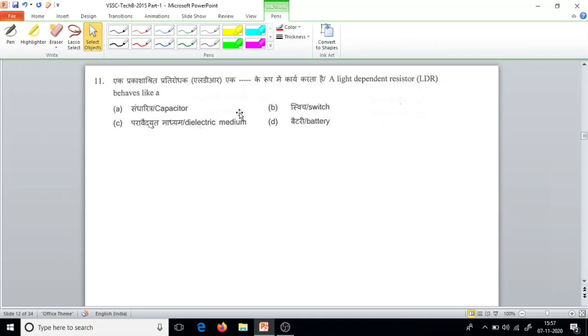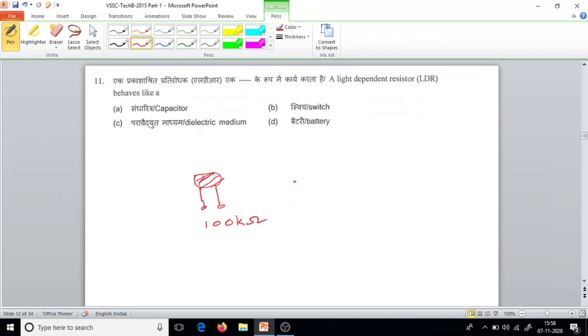Question number 11. A light dependent resistor or LDR behaves like. See, in the market there is an LDR available. Normally in the darkness, if you measure the resistance, it may be 100 kilo ohm.